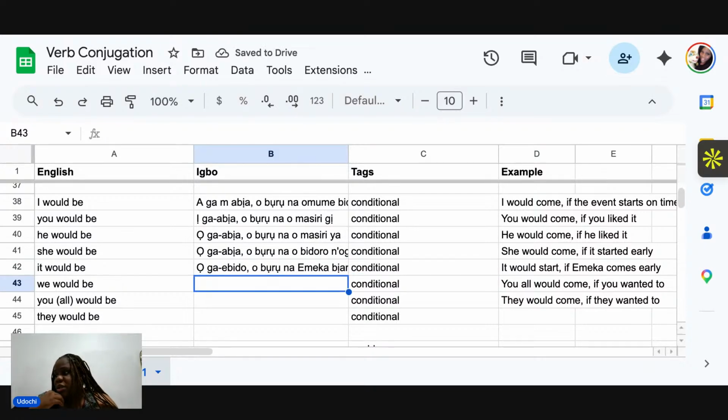You all would come if you wanted to. Unu ga-bịa. Ọ bụrụ na unu chọrọ.